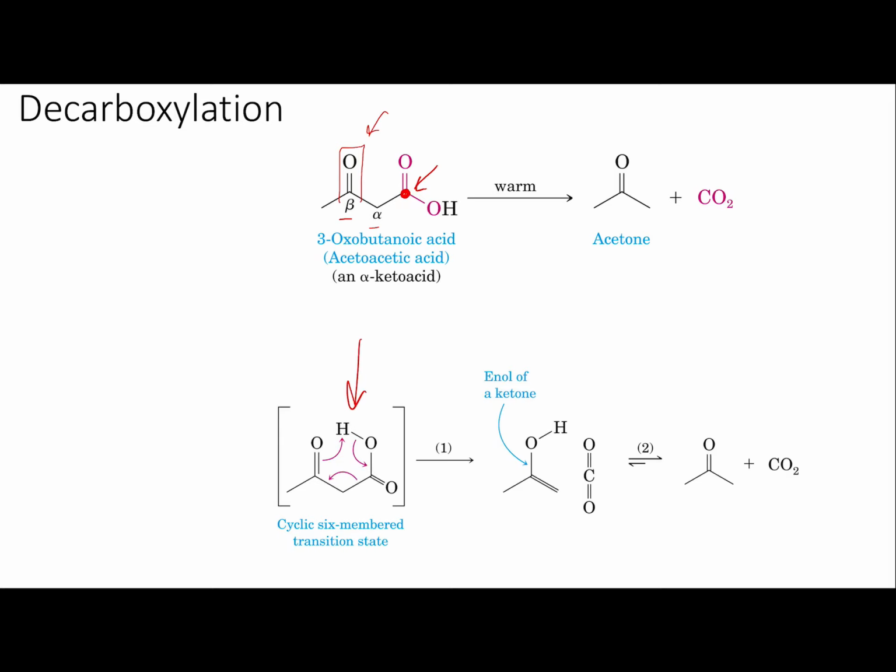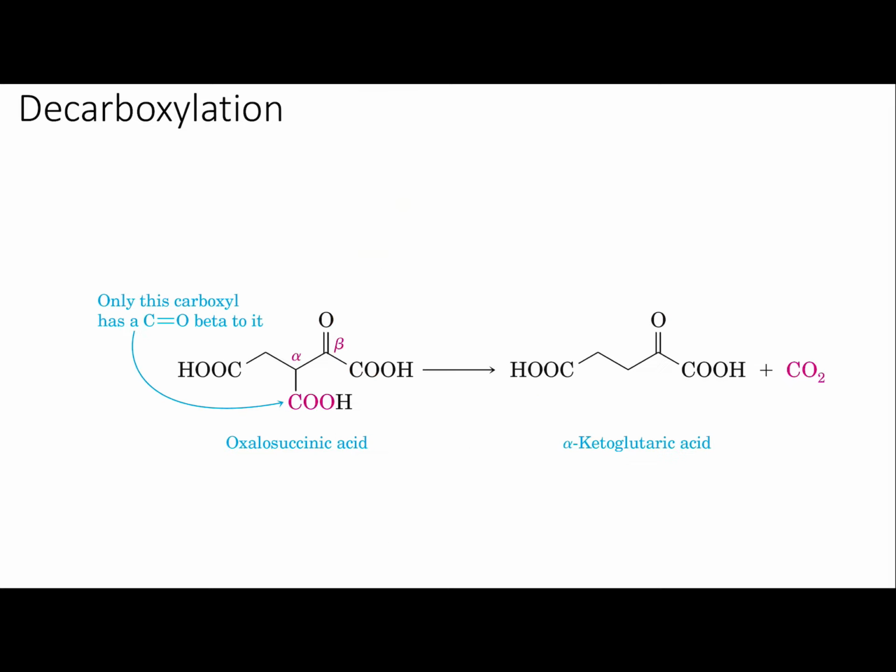An important example of decarboxylation of a beta keto acid in biochemistry occurs during the oxidation of food that we eat, in the tricarboxylic acid cycle. We have this molecule, oxalosuccinic acid, one of the intermediates of the TCA, the citric acid cycle.